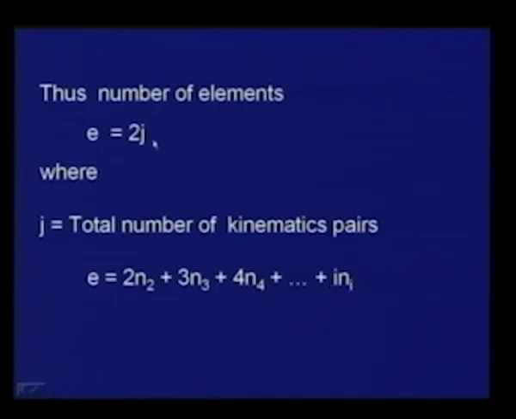Now, we can equate these two numbers of elements counted from the viewpoints of the kinematic pairs and of different order links. We can write 2j is equal to 2n2 plus 3n3 plus 4n4 up to ni.